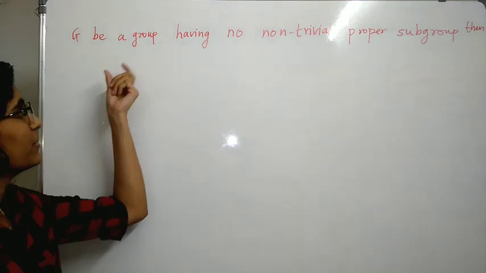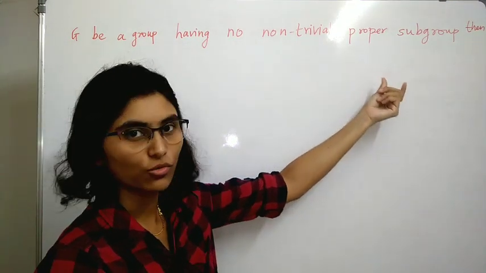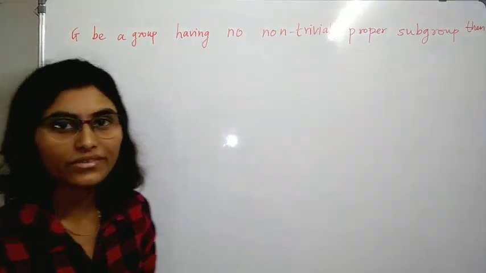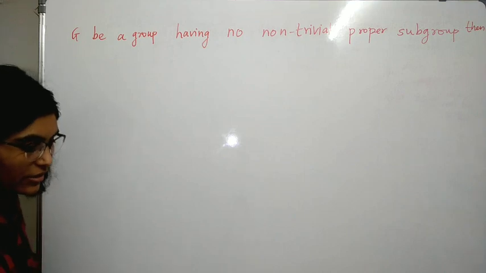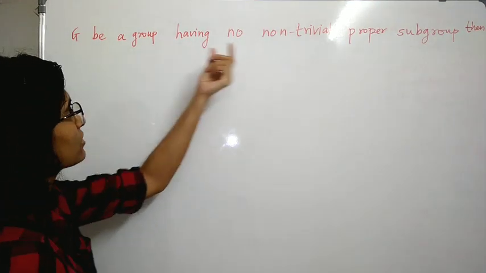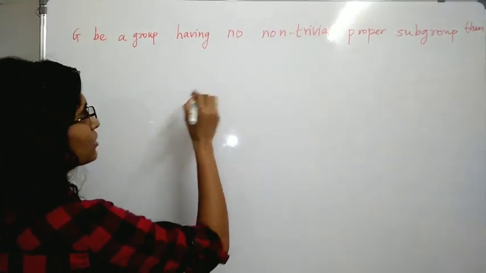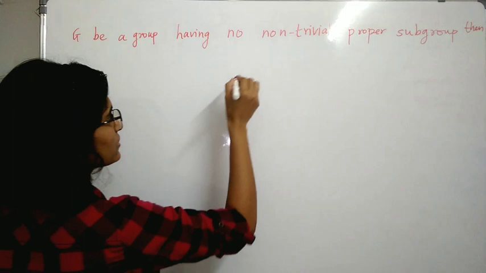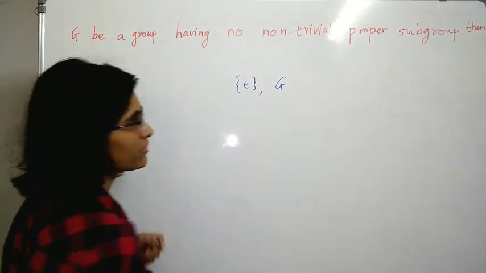Let G be a group having no non-trivial proper subgroups, then what can we conclude about G? Here just note that G has no non-trivial proper subgroup means the only subgroups of G are just the identity subgroup and G itself.